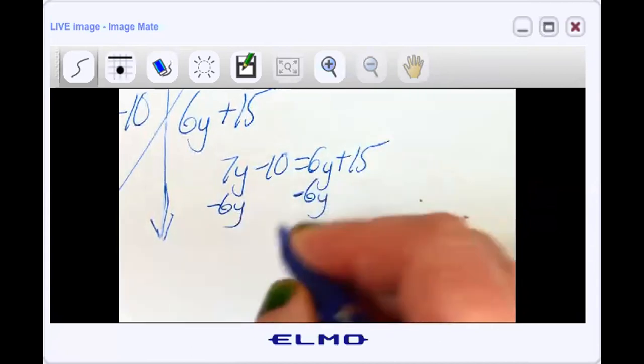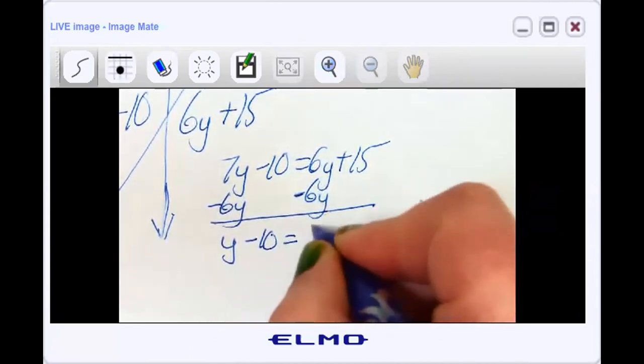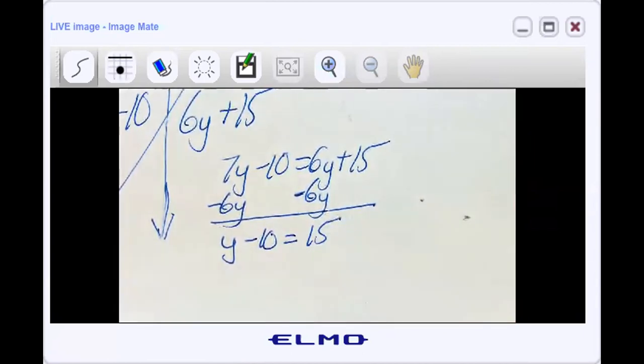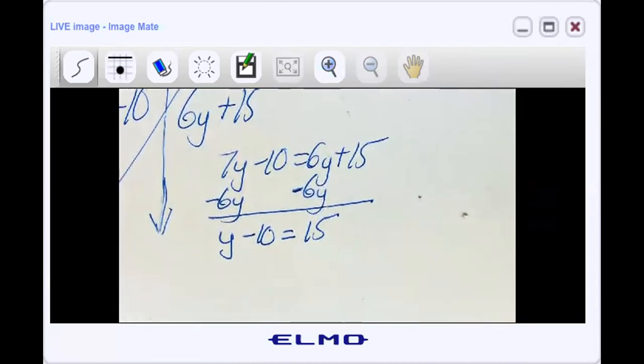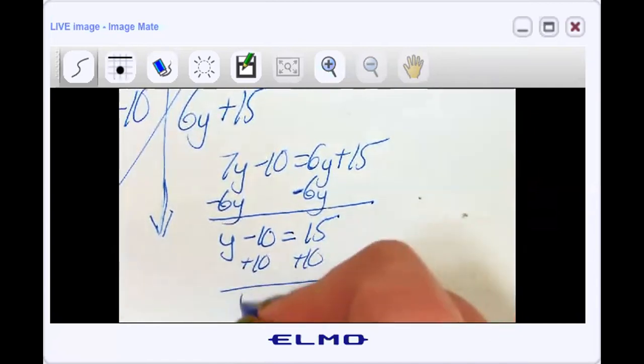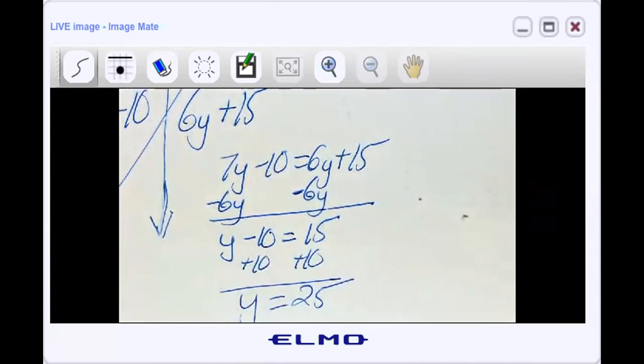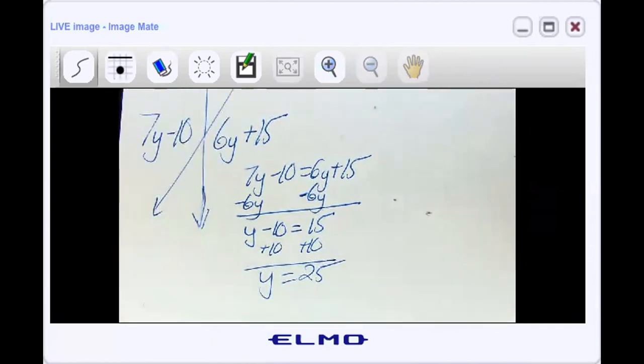It's not wrong. It's just, do you want to deal with negatives if you don't have to? I don't want to. And now all I got to do is add 10. See that? And I'm done. That's my answer. Y is just 25. That's all I got to do.